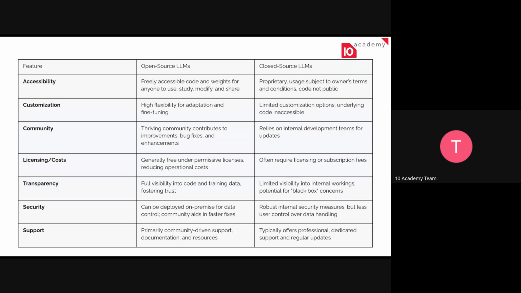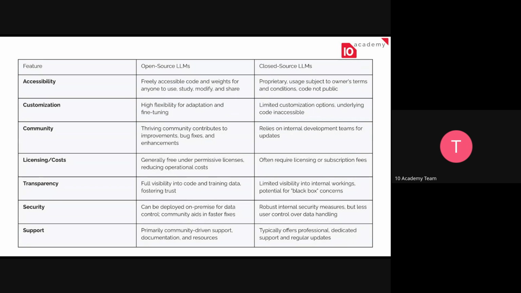For support, like we have said, open source is primarily supported by the community, and the documentation and resources also are supported. But a closed source has professional, dedicated support teams and regular updates from their internal development team.